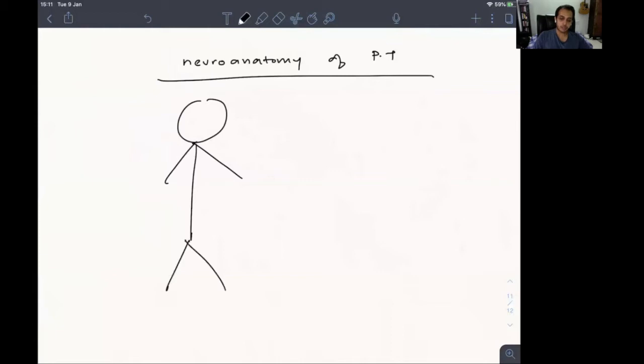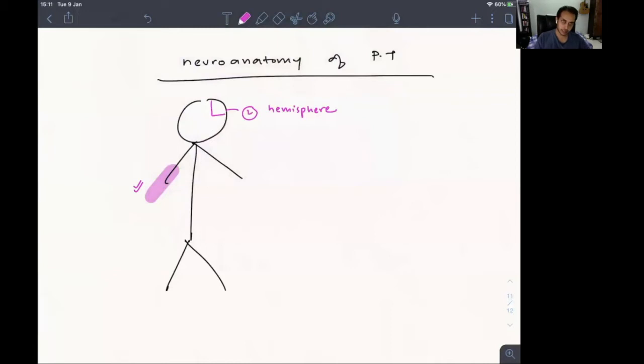If you want to move your right hand, the command to move the right hand comes from the left half of the brain. So the left hemisphere controls your right side of the body.